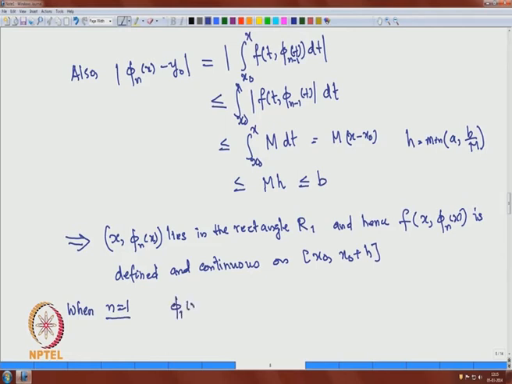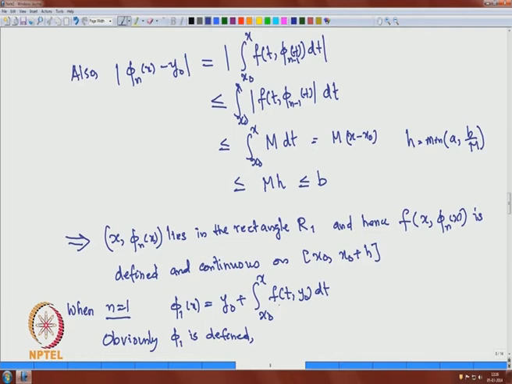So we have phi 1 of x, which by definition is y 0 plus the integral from x 0 to x of f of (t, y 0) dt. Obviously, phi 1 is well defined, and f is continuous, and y 0 is a constant function, which is continuous.